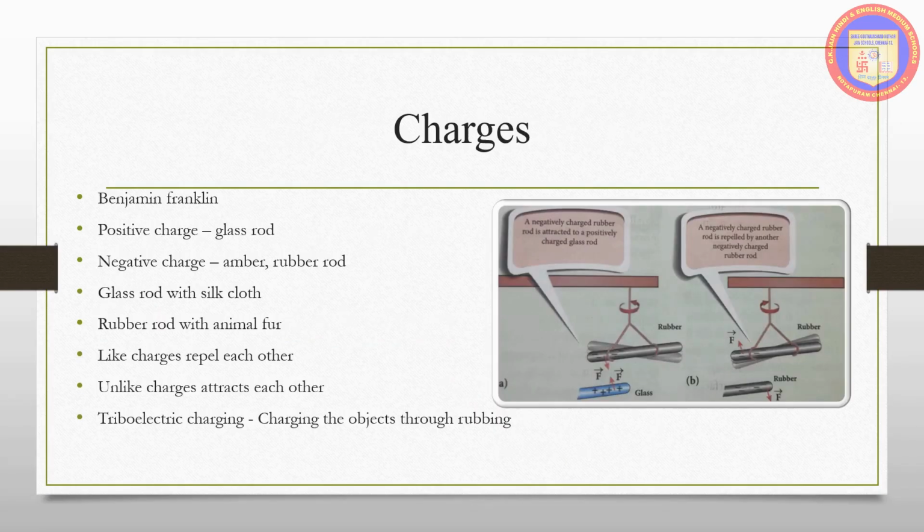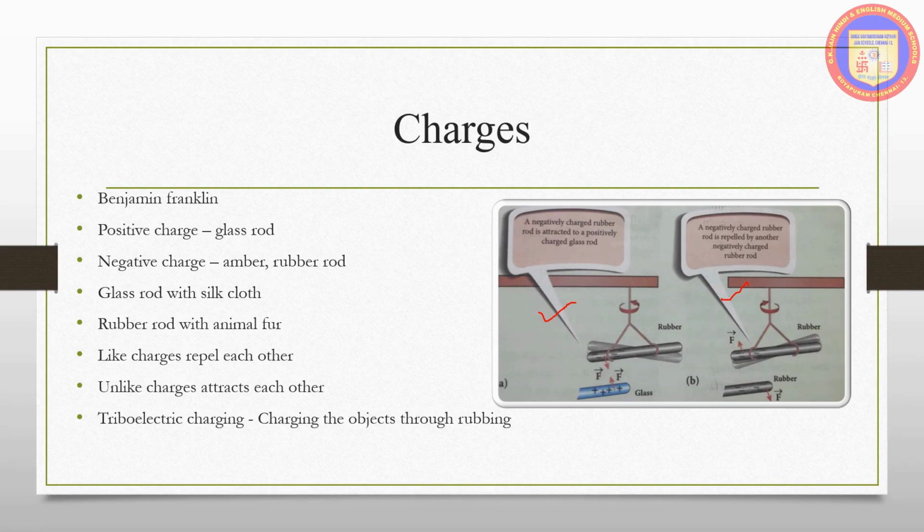For example, when a charged rubber rod hangs from a thread and another charged rubber rod is brought nearer, they repel each other, which shows that like charges repel each other. When a glass rod is brought near the rubber rod, they come closer, which shows that unlike charges attract each other.